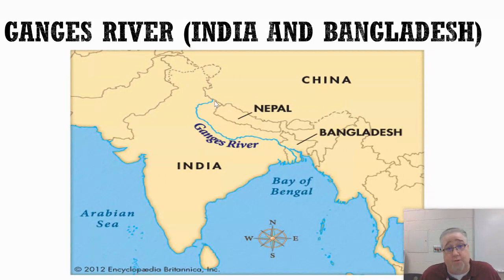It travels through India, the northern part of India, and through a smaller country called Bangladesh. And then it empties out into a body of water called the Bay of Bengal, which is in the Indian Ocean. Now, the water travels in this direction. It empties out from the mountains here, and then just travels through two different countries.